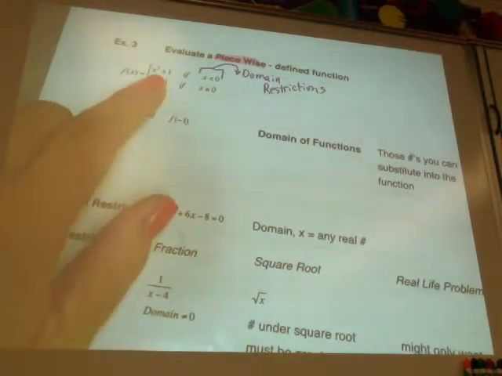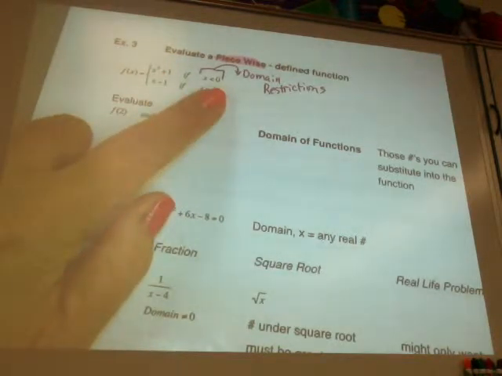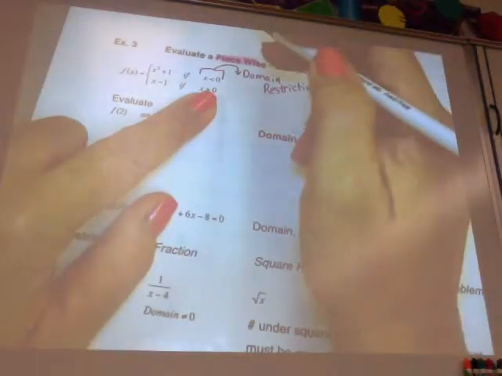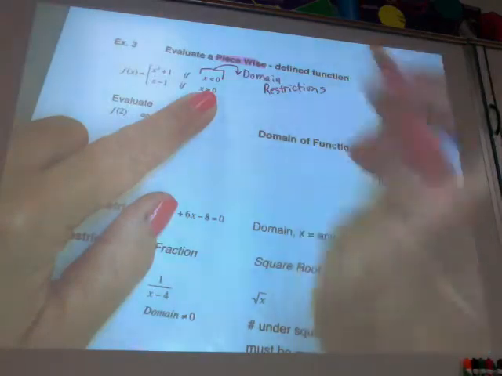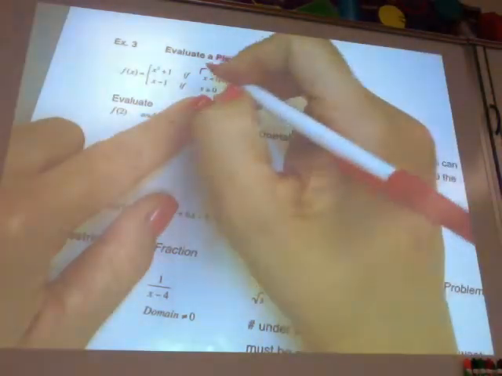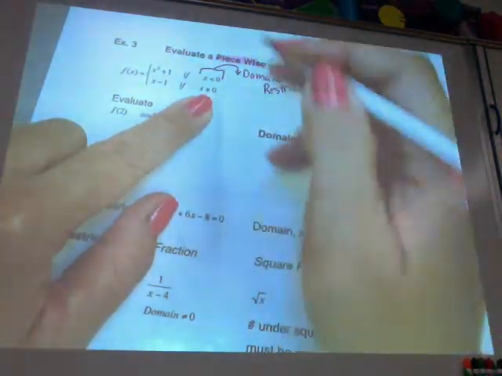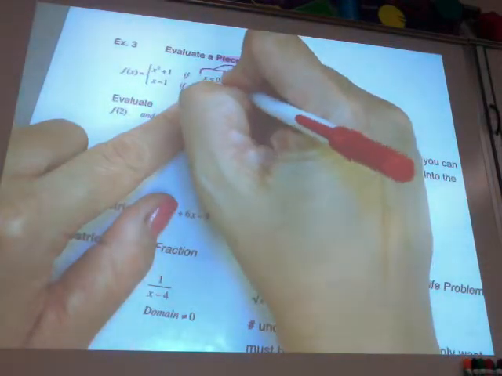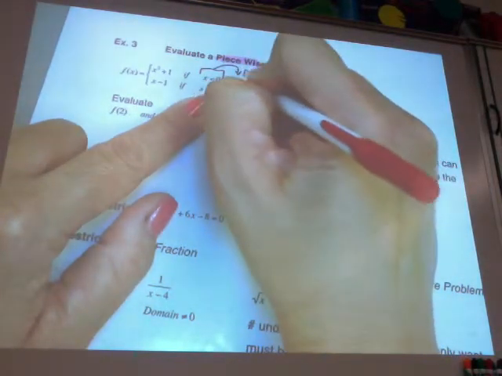So for x squared plus 1, we're only going to use this function when our x value that we're plugging into it is less than 0. What kind of numbers are less than 0? Negative ones, right? So less than 0 would be negative numbers.